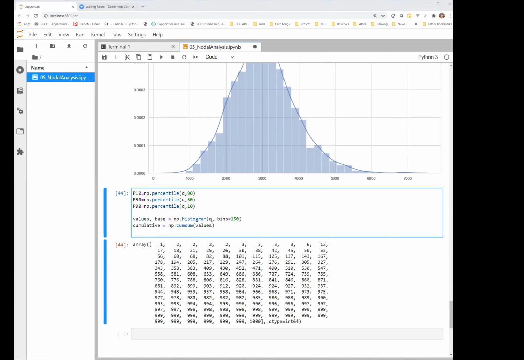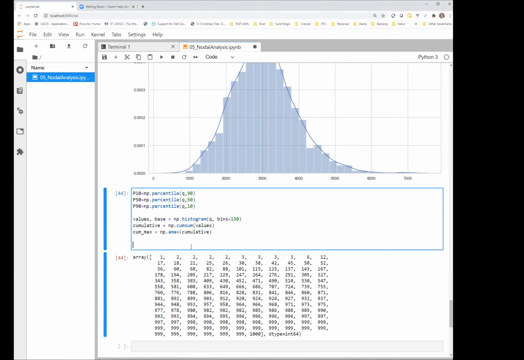And then we can plot it, okay? So we can have the maximum value. I want to normalize this from 0 to 1, and I want to make this plot.